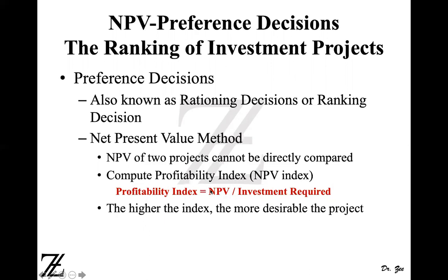You divide the net present value that you calculated by the initial investment, or the total investment required. Once you divide the NPV by the investment required, you get the index. And the higher the index of the project, the more desirable the project is. So if there are two projects, project A has 10% index, project B has 12%, whichever has the higher, you're going to invest in that.